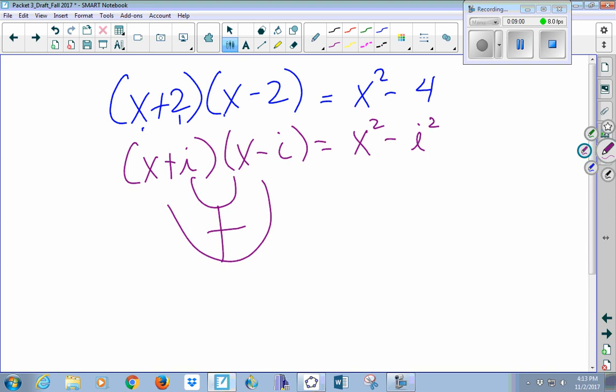However, when we simplify this, don't forget i squared is -1, because i is defined to be the square root of -1. So when we complete this, we get x squared take away -1, which is x squared plus 1. So now you have the ability to factor the sum of perfect squares. We couldn't do it with real numbers, but now that we have these imaginary numbers, we can do it.